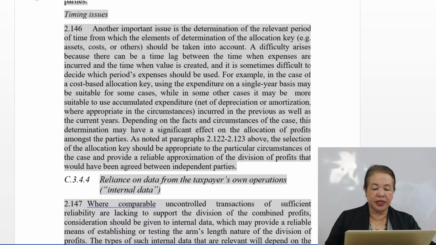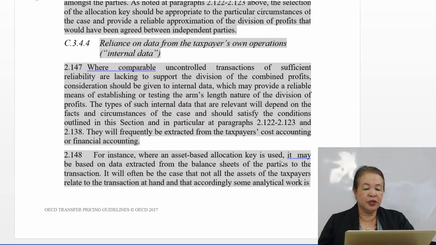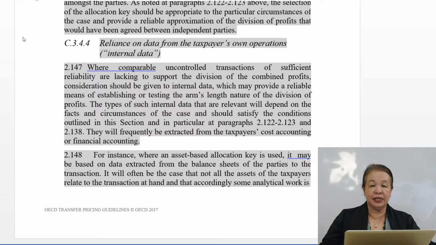Reliance on data from the taxpayers' own operations or the internal data. So, saan ka magre-rely ng data? Siyempre, from the taxpayers' own data, unless otherwise, meron kang external data to prove. Where comparable uncontrolled transactions of sufficient reliability are lacking to support the division of the combined profits, consideration should be given to internal data, which may provide a reliable means of establishing or testing the arm's length nature of the division of profits.